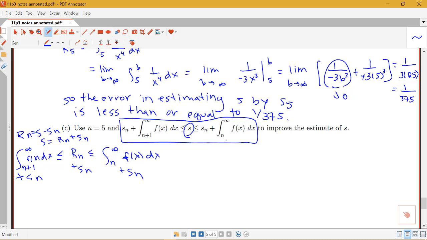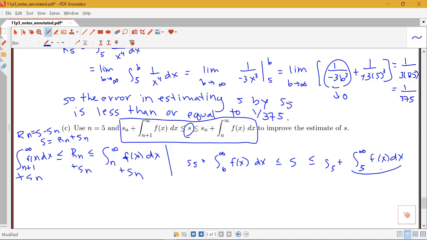Notice that we have n equals 5, so we're looking at S5 plus the integral from 6 to infinity of f of x dx, which is less than or equal to S, which is less than or equal to S5 plus the integral from 5 to infinity of f of x dx. Notice that we already figured out what this was: 1 over 375.